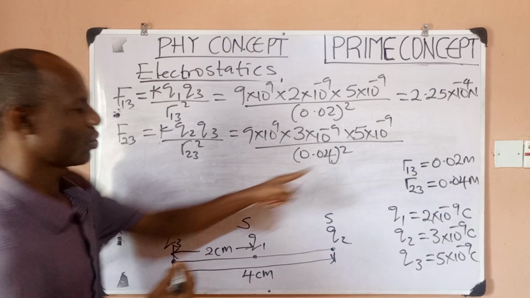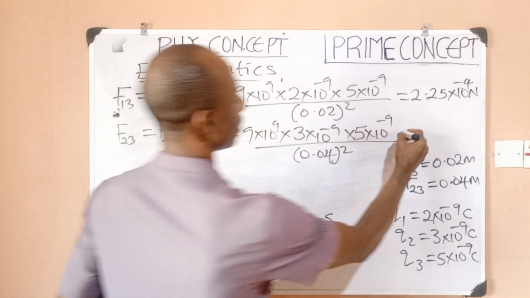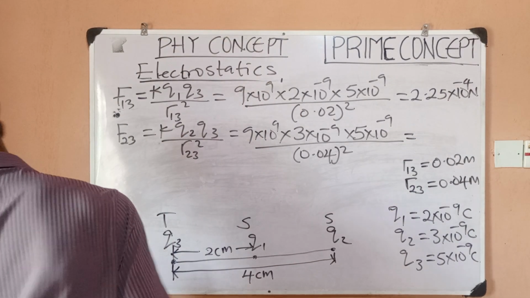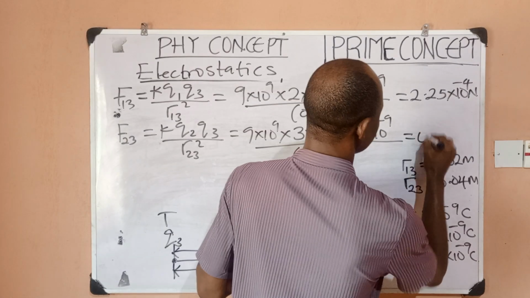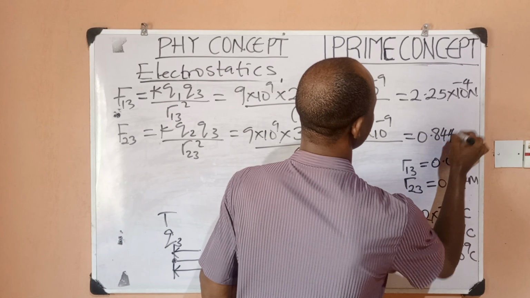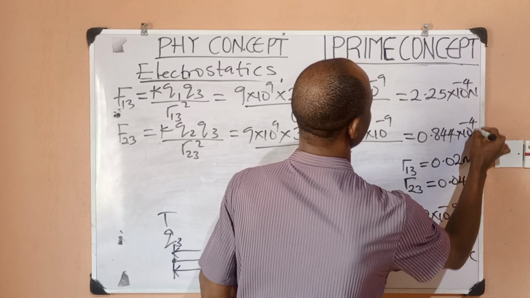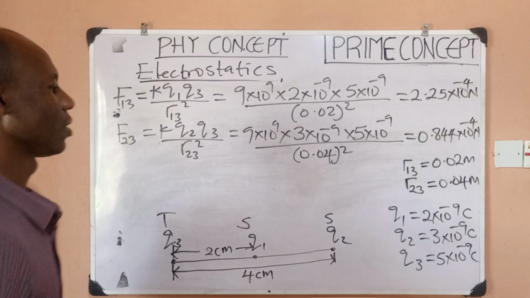Don't forget to square your distance. If I punch this in also, I would have 0.844 times 10 to the power minus 4. So that is the force.